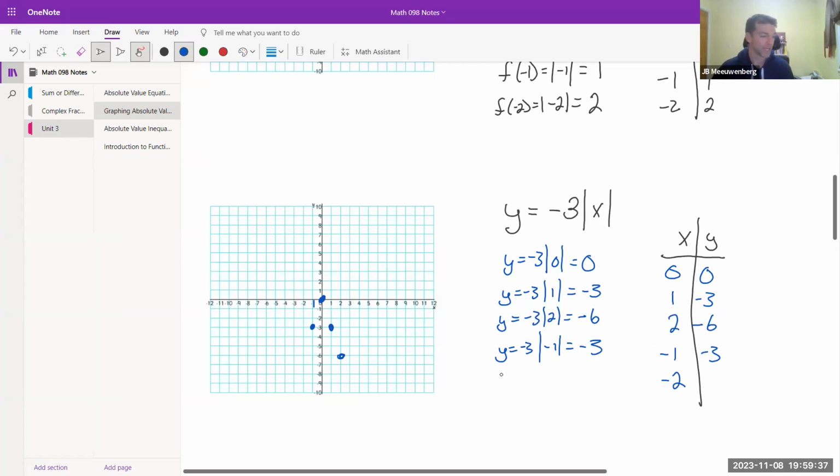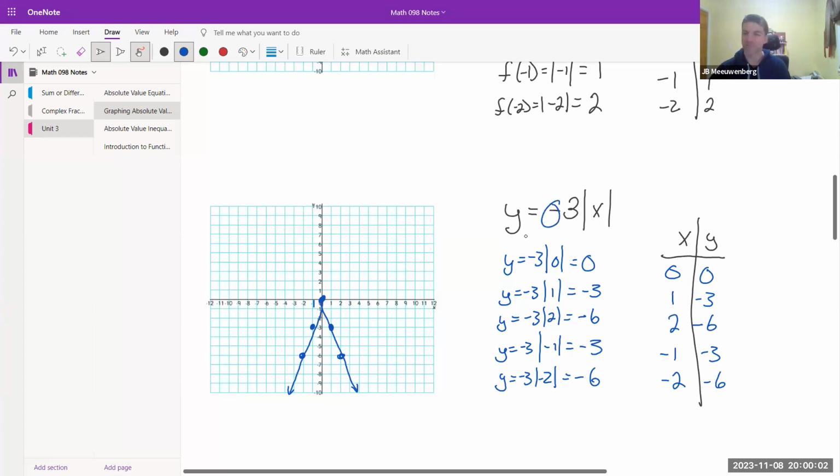And then if we do the -2, the absolute value of -2 is 2, times -3 is -6 again. And we get this point over here. So what you'll see is we have the V shape, but now it is upside down. Why do you think it's upside down?